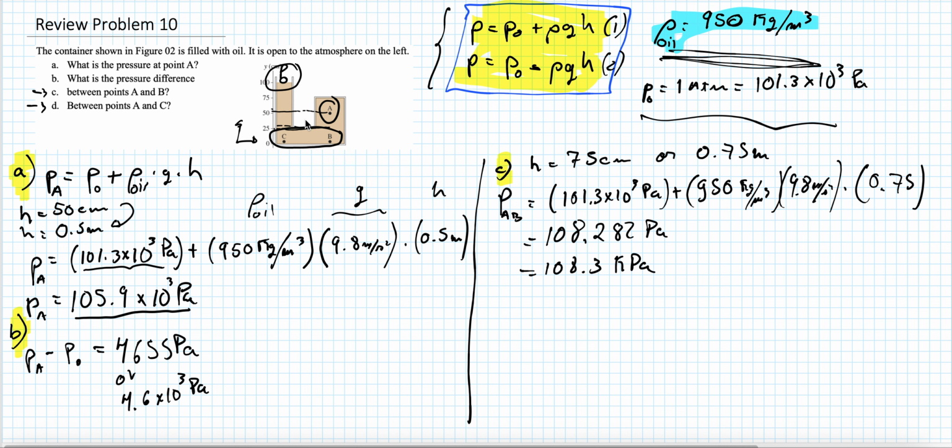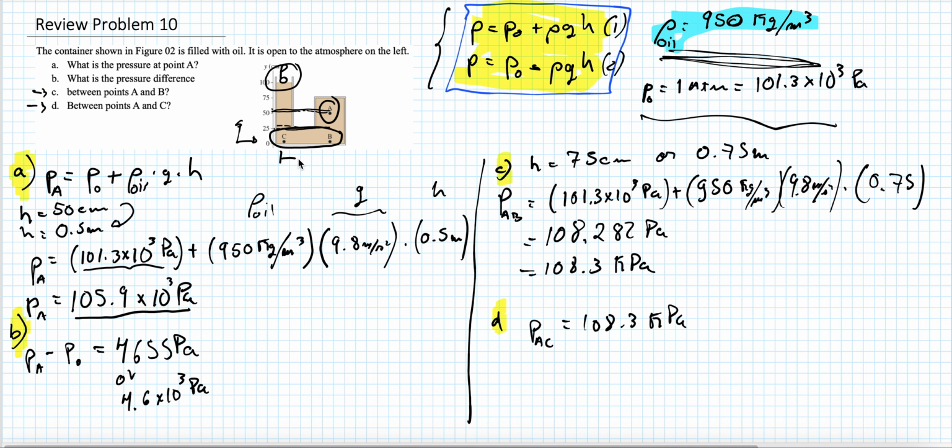And we've learned that inside a fluid, all the points that are at the same level will have the same pressure. So the pressure between A and C will be equal to 108.3 kilopascal.